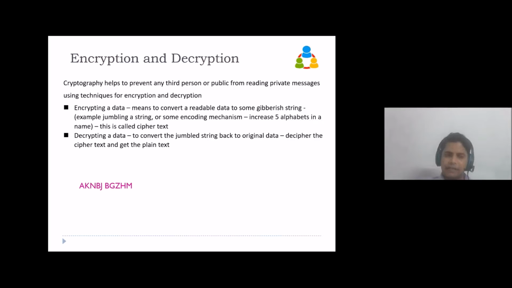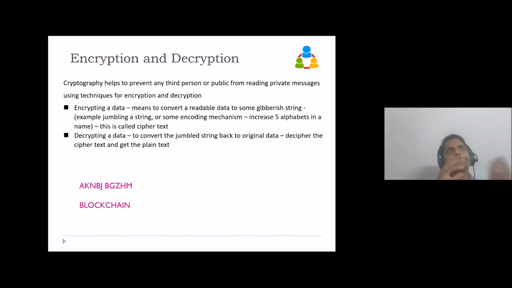But what I have done is, if a person who is reading this knows to increase one alphabet on each alphabet in this particular word, it essentially means blockchain. So basically, A is incremented by one, and then I get B. K is incremented by one, I get L, like that. So that is a kind of encryption.